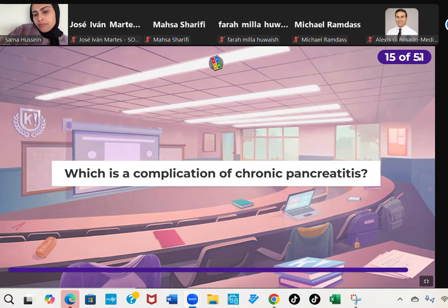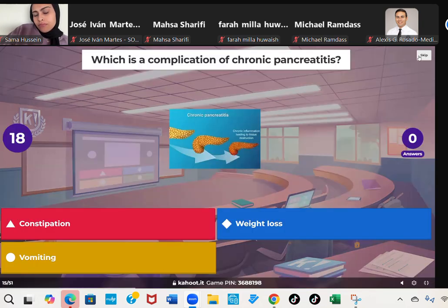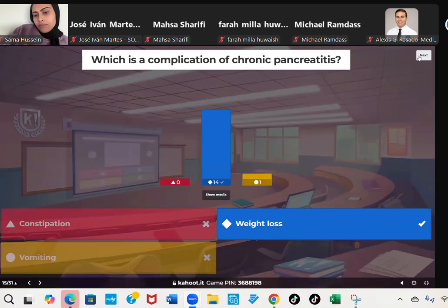Which is a complication of chronic pancreatitis: constipation, weight loss, vomiting? Were you paying attention earlier? All right. Again, there's always one. There's always one. But the complication associated with chronic pancreatitis, there can be vomiting, but that would be an acute on chronic exacerbation, so that would be mostly due to the acute pancreatitis.